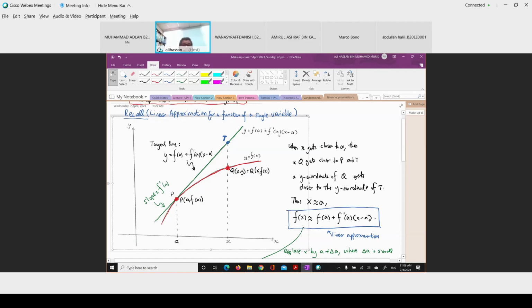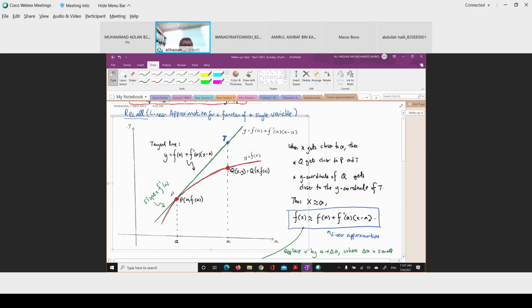Just using additional mathematics, knowing a point and the slope, we have the point-slope formula, and that gives rise to this equation here.